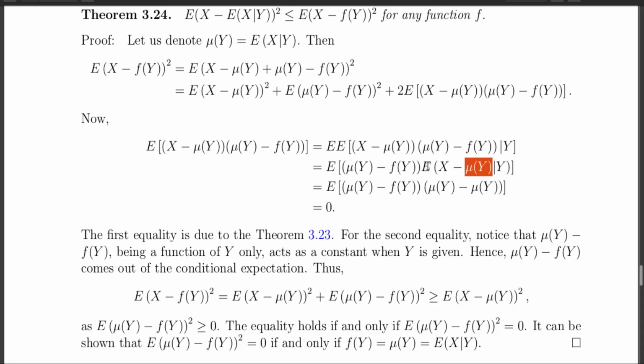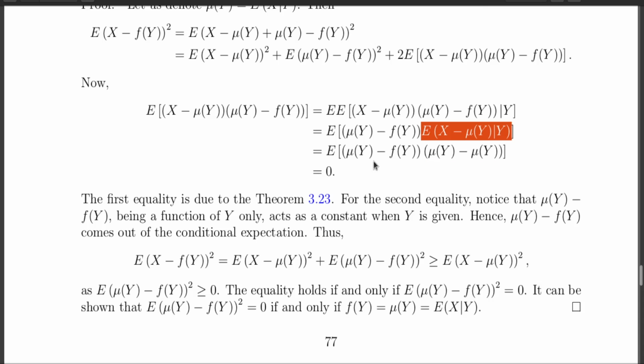So this conditional expectation is mu y minus mu y, which gives me 0, and that's why this cross product term is also 0. That completes the proof.